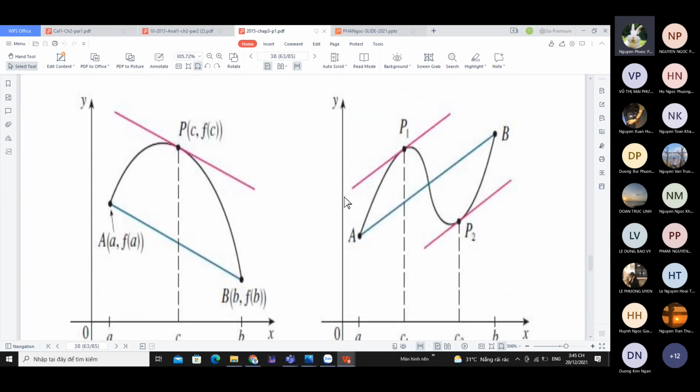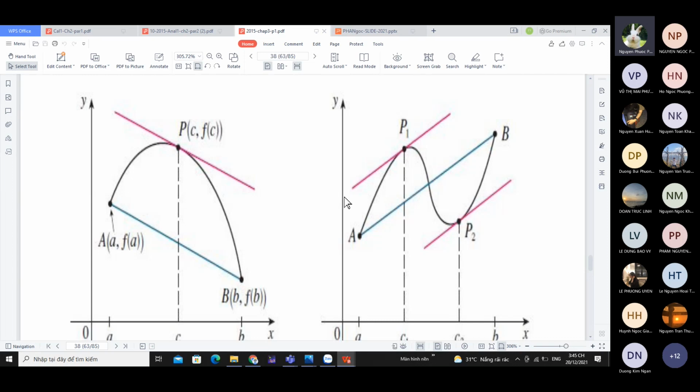So, the mean value theorem means if the function f is continuous on a closed interval [a, b], differentiable on the open interval (a, b), then we can find a number c so that the tangent line to the graph of f at the point (c, f(c)) is parallel to the secant line AB.